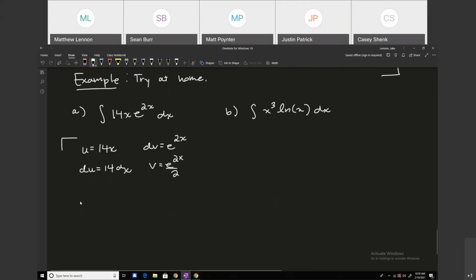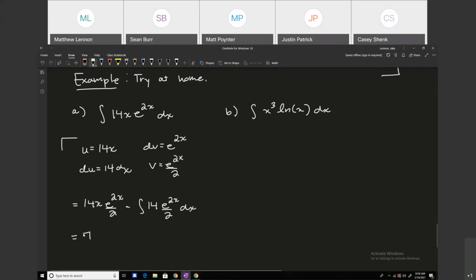So then we get uv, so 14x. This feels like the same problem that we had before, so this one may be a duplicate. Minus the integral of v times du, so it's going to be 14 times e to the 2x over 2 dx.